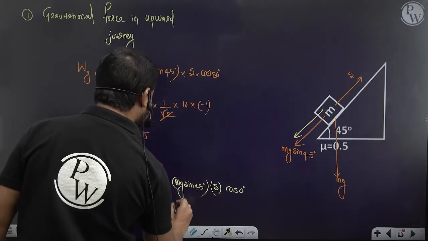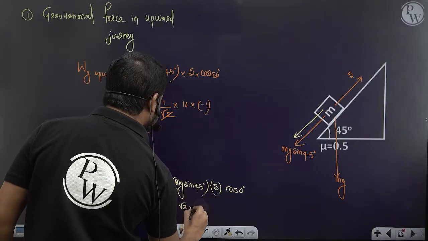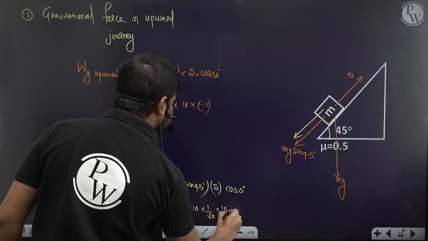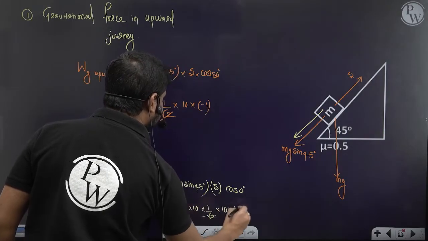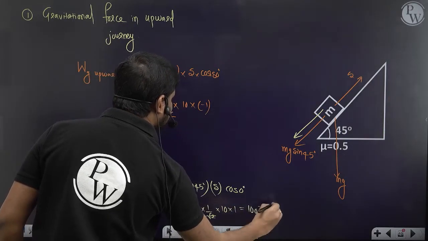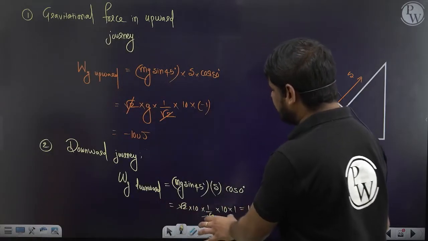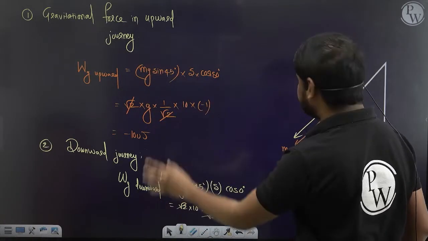So m is √2, g is 10, sin 45 is 1 by √2, s is 10, cos 0 is 1, √2 cancels, 10 into 10 is 100 joules. So the work done in the downward journey by the gravitational force is 100, whereas in the upward journey it is minus 100 joules.